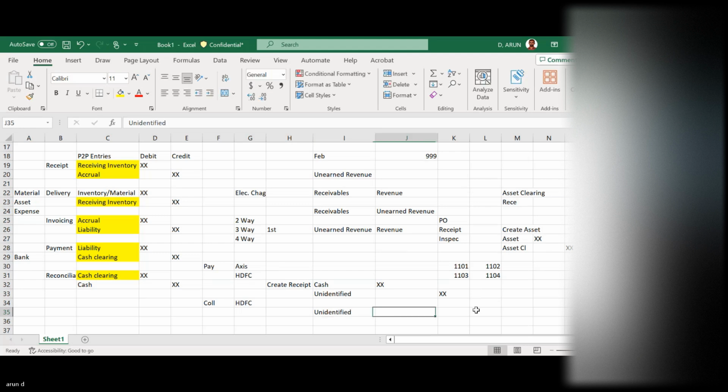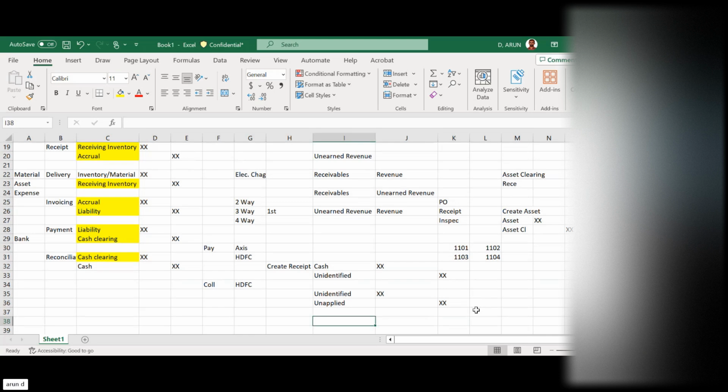My unidentified would be on the debit side and the unapplied cash would be on the credit side. This means that I have identified the customer, but I don't know exactly against which invoice I must apply this particular receipt that I have received from the customer.